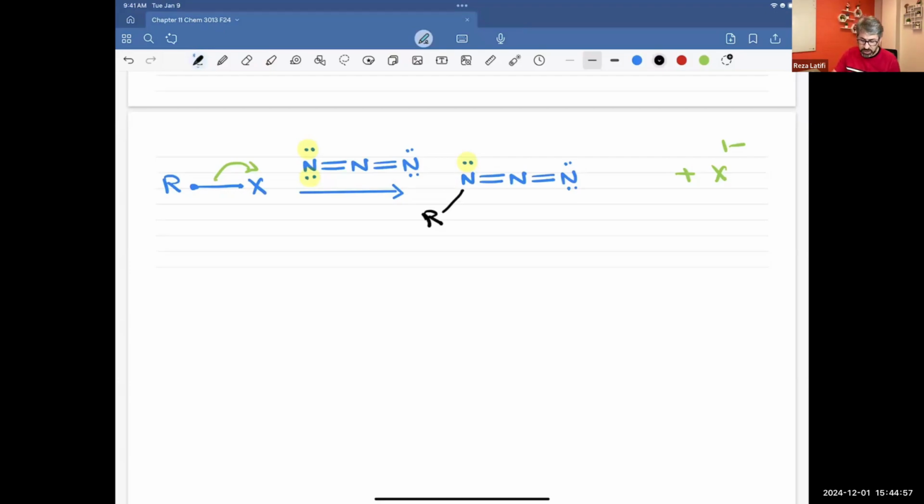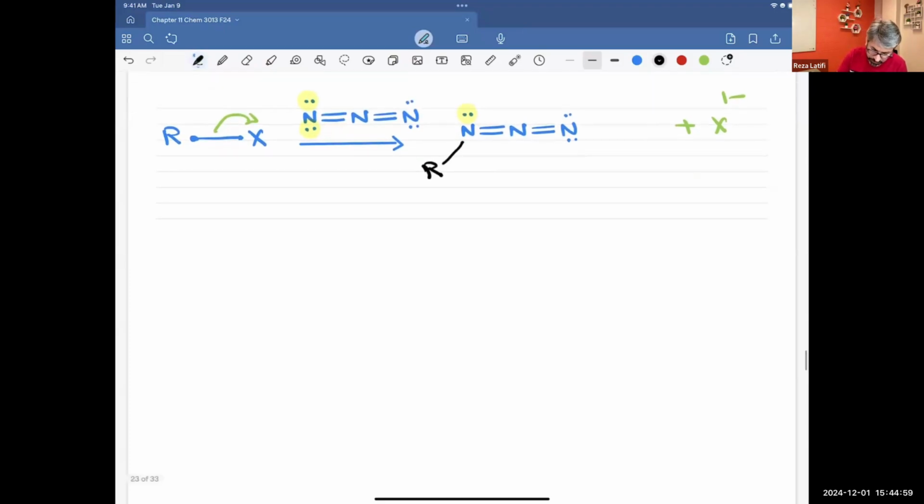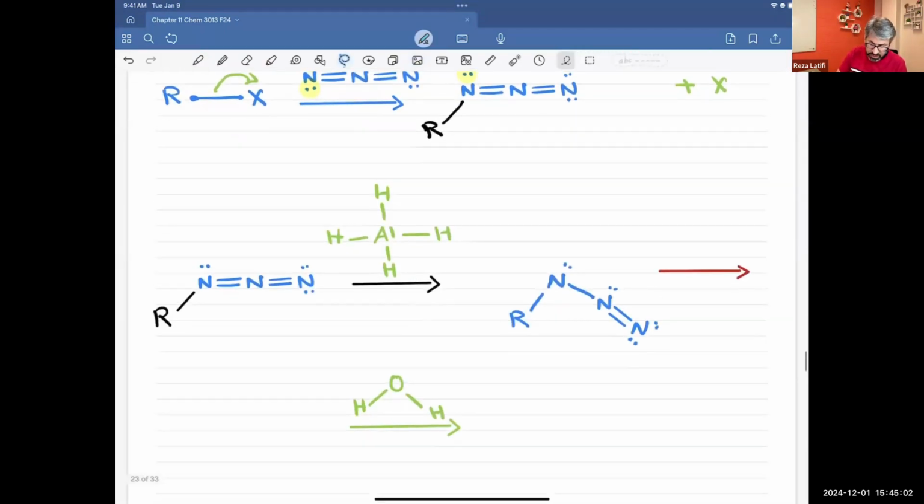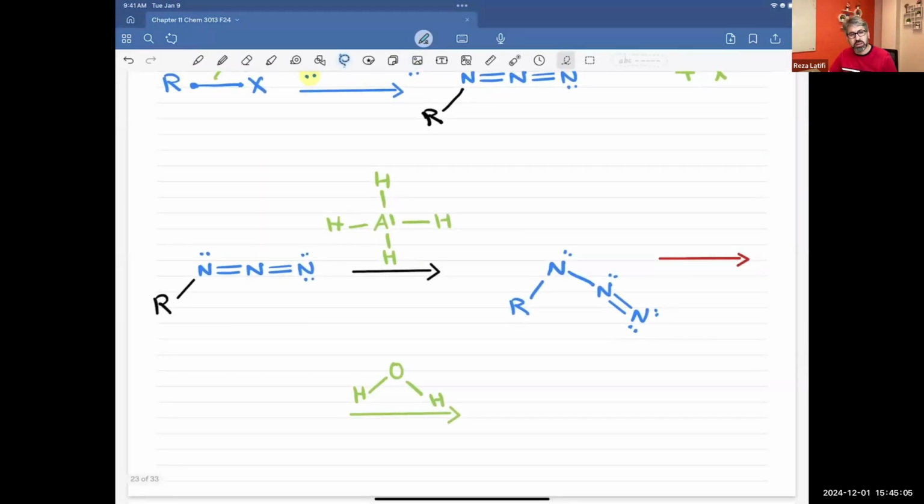Now that I got this one, next step, I can use lithium aluminum hydride. Remember that this one has -1 charge, and -1 charge means it is a strong reducing agent. Now, this one can actually go after that nitrogen.